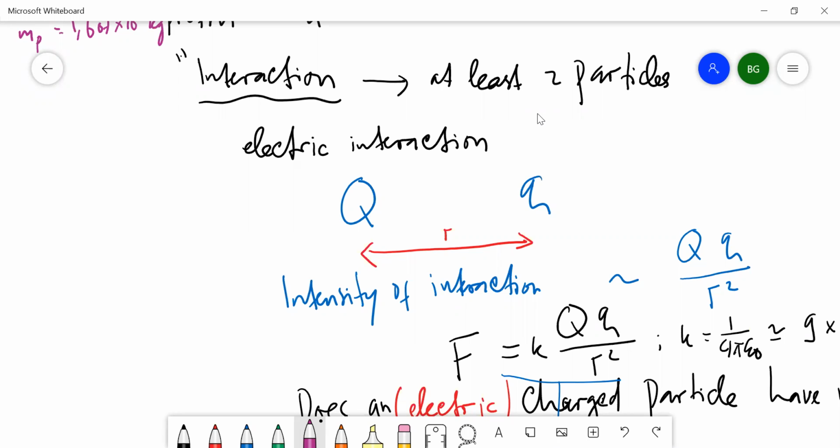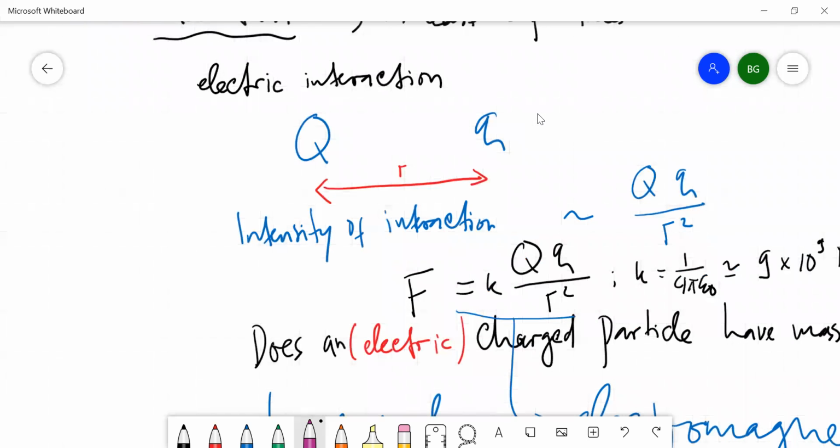The intensity of the interaction, according to Coulomb's law, is proportional to the charges of the particles, capital Q and q, and proportional to the inverse of the square of the distance.